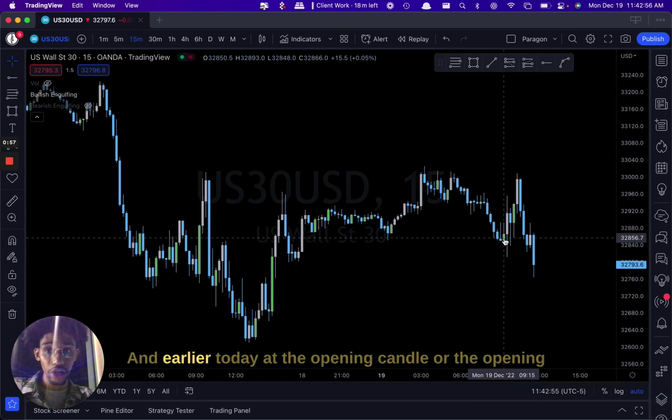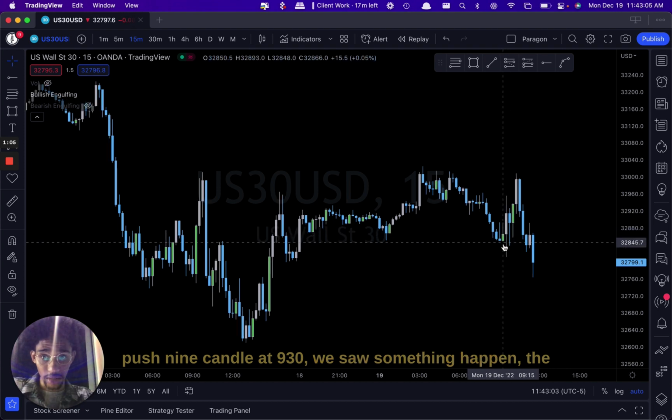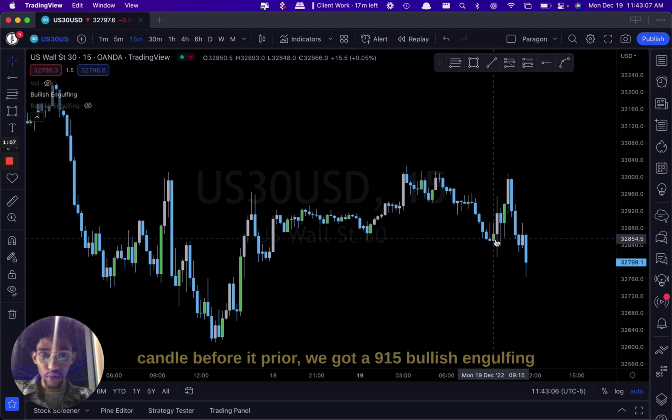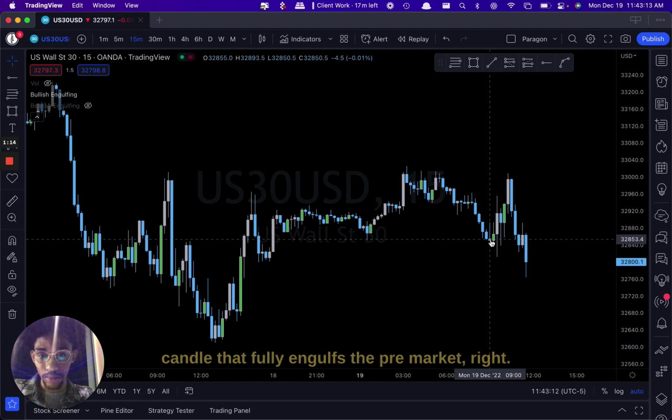Earlier today at the opening candle, the opening push at 9:30, we saw something happen. The candle prior, at 9:15, was a bullish engulfing candle that fully engulfs the pre-market, right?